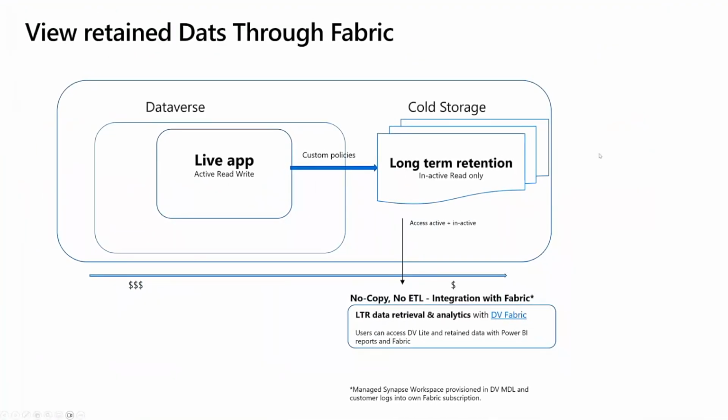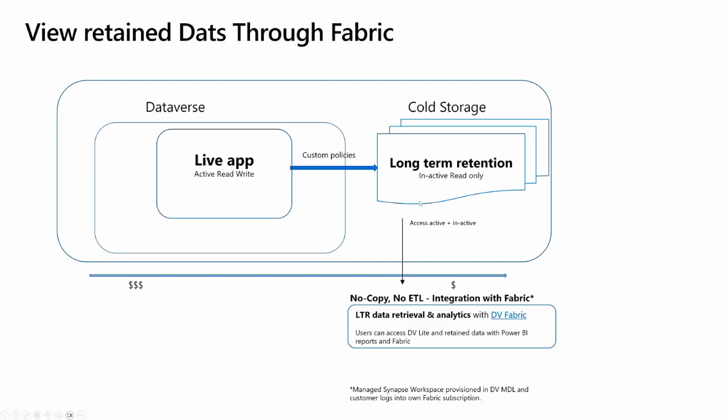This is a logical architecture of how Fabric can be enabled for long-term data retention. As you can see here, we have Dataverse, where we have the live data. We have custom policies, which Gibran showed you how to enable, and how to use Dataverse filters to move the data from the transactional database to cold storage.